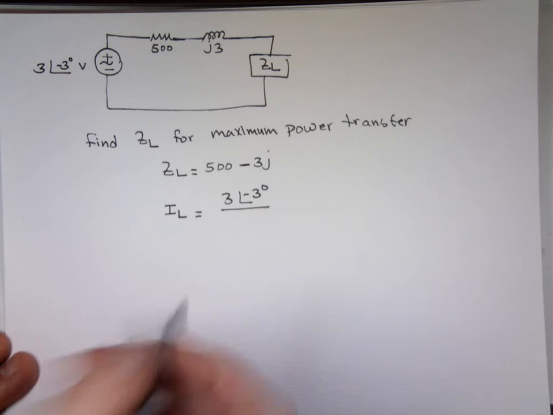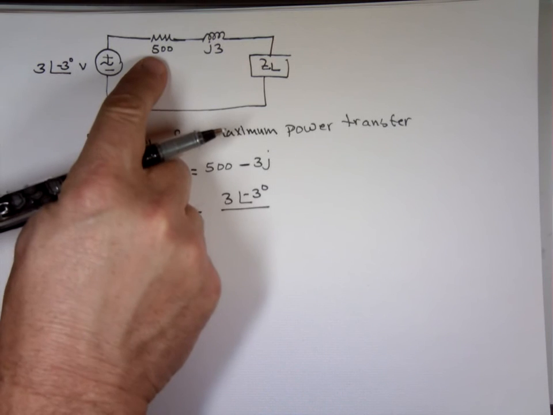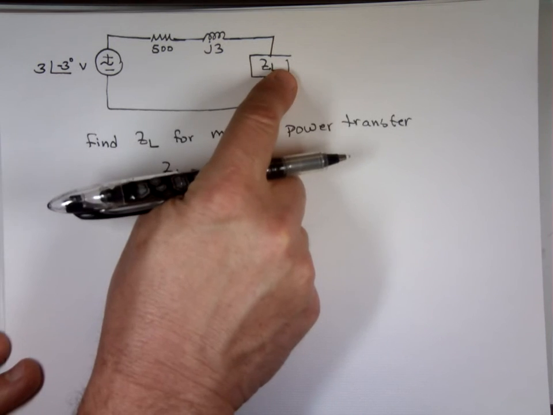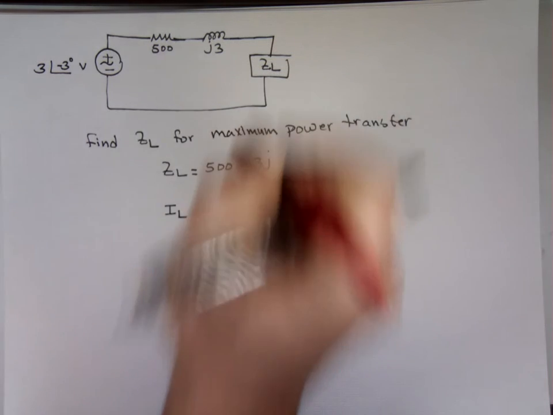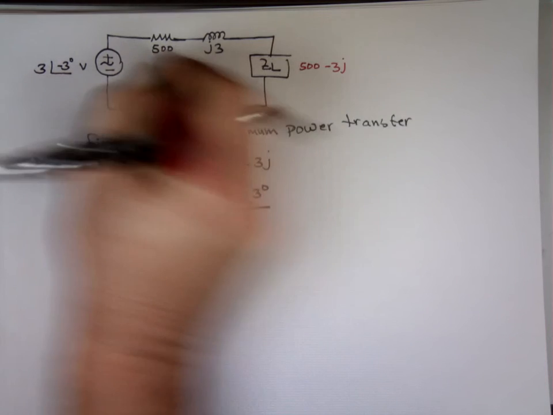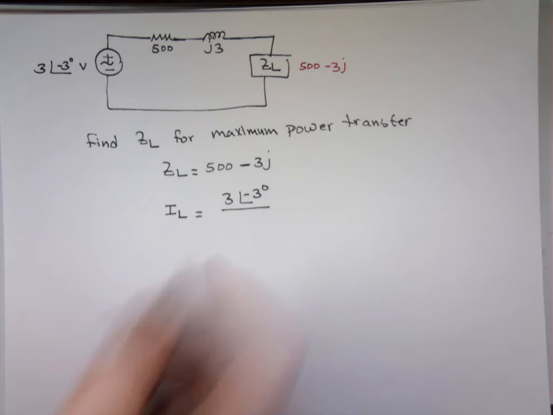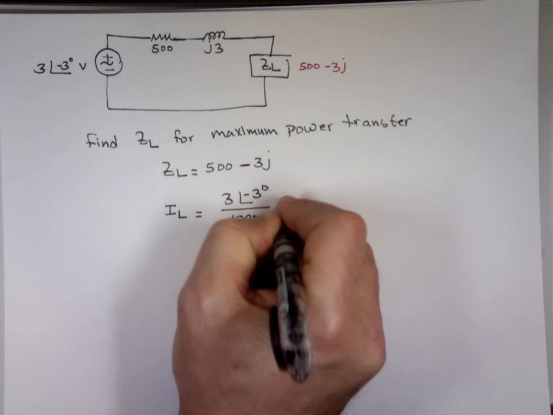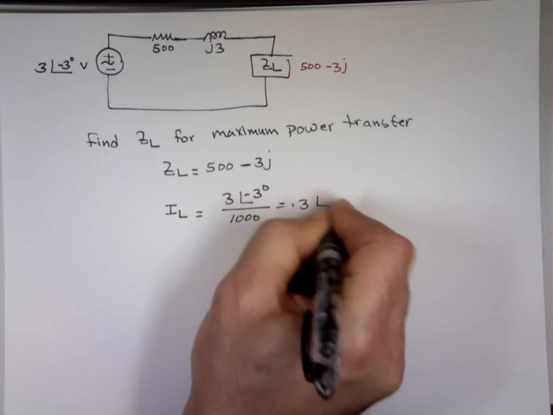Divided by 500 plus 500 here. Remember, this is going to be 500 minus 3j. So when you add this 500 to that 500, what are you going to have? 1,000, which is 0.3 angle negative 3 degrees.